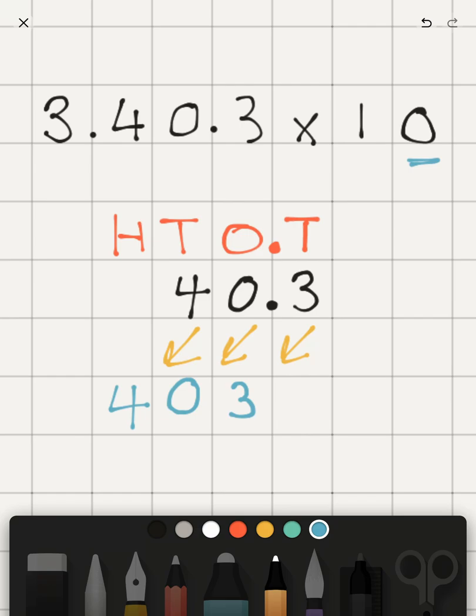So there we can see our 40.3 times 10 equals 403. Oh, and I'm sorry, that is meant to be a number 4 there. It is question 4.